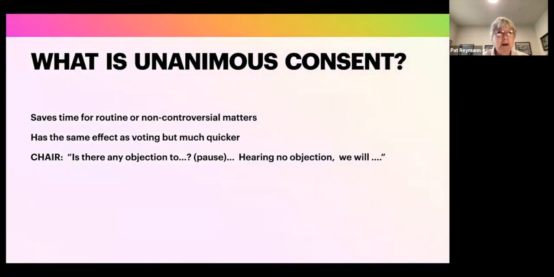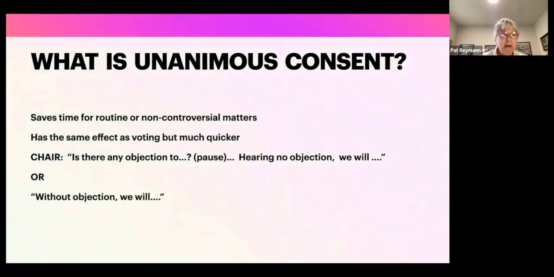And you pause to give people a chance to respond. And since I hear no objection, we will go ahead and do that, so that it passes a motion without having to go through the voting process. Another way of saying it would be, the chair would say, without objection, we will go ahead and do that.